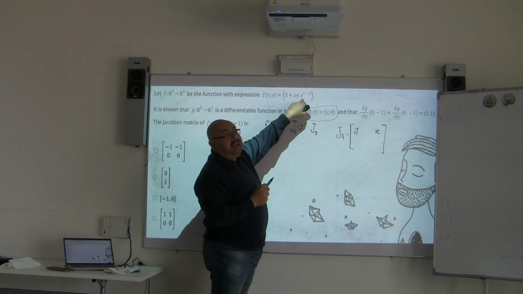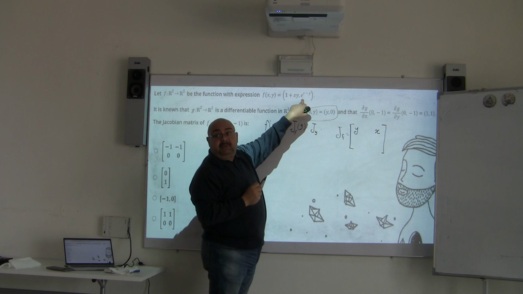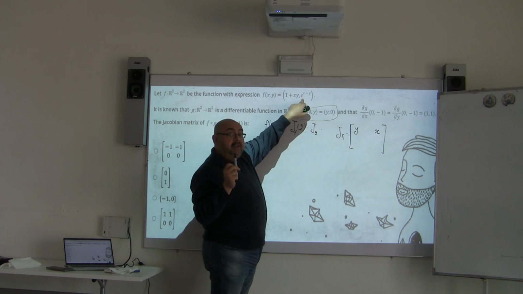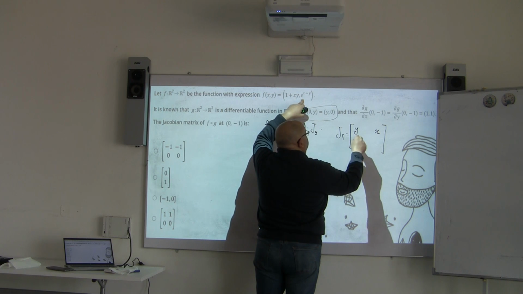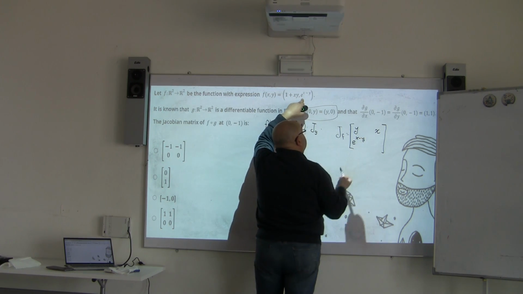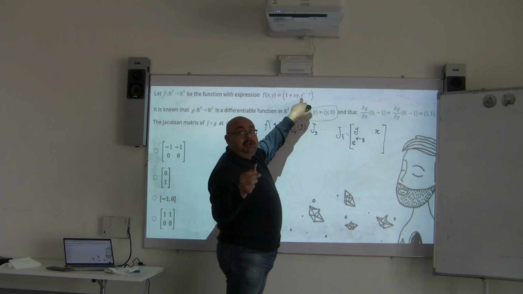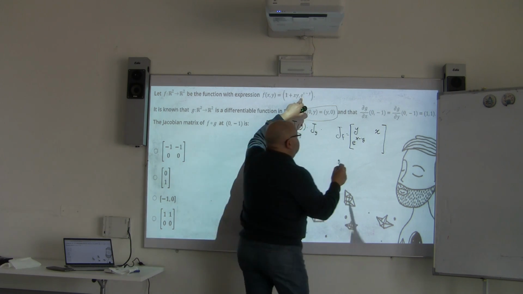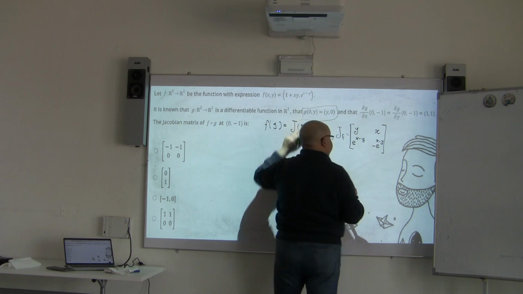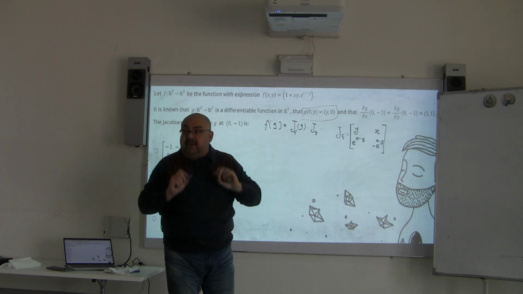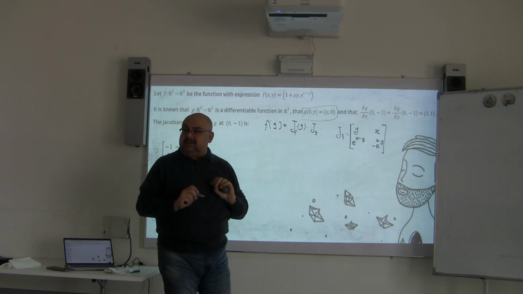Then I will take the second part, e to the power of x minus y, and differentiating it with respect to x gives e to the power of x minus y. Then differentiating with respect to y gives e to the power of x minus y times negative 1. That's the Jacobian of f in general for x and y.